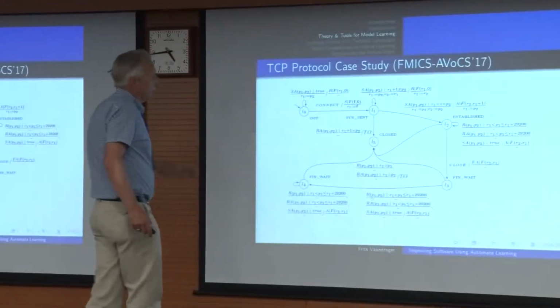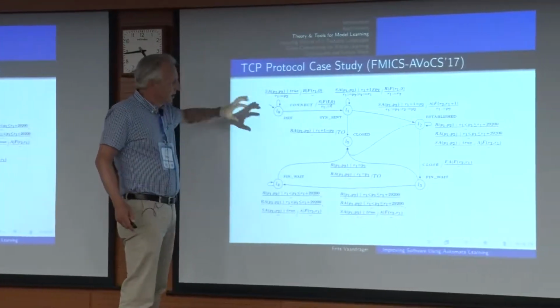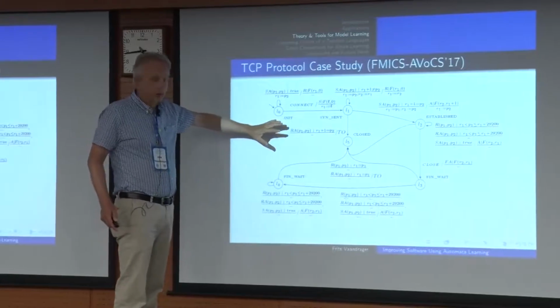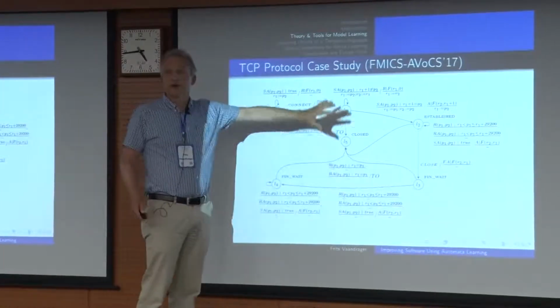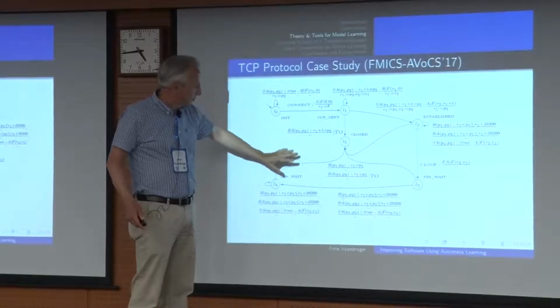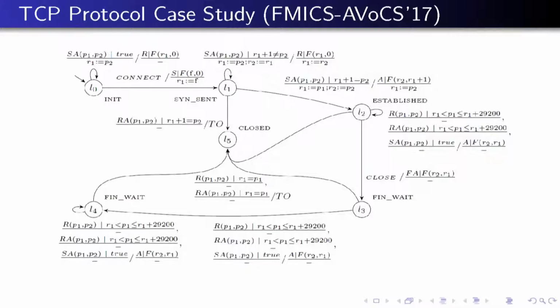So they implemented a version of our ALIP, which is able to deal with these register automata and the basic predicates that you need to be able to deal with these windows.